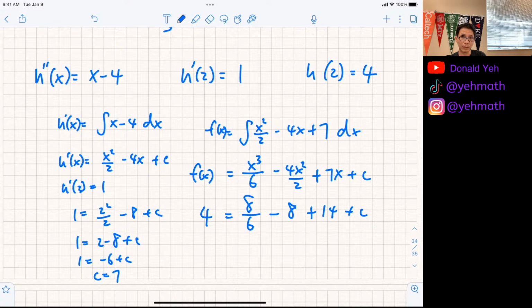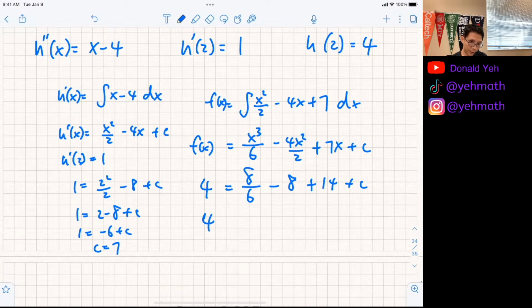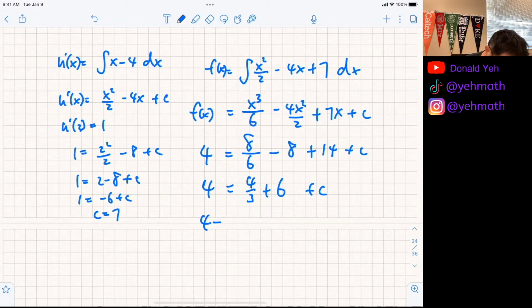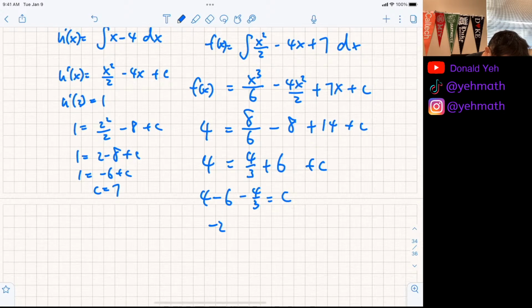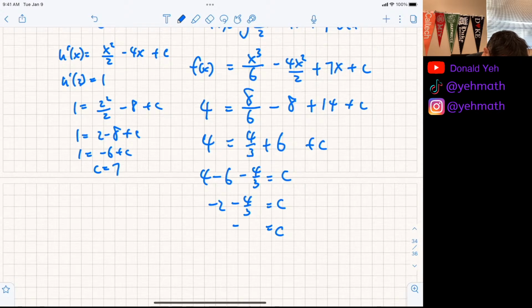Are you guys doing okay or no? So 4 is equal to 8 over 6, which is 4 over 3, minus 6 plus c. So 4 minus 6 minus 4 over 3 equals c, which is negative 2 minus 4 over 3, so c is equal to negative 10 over 3.